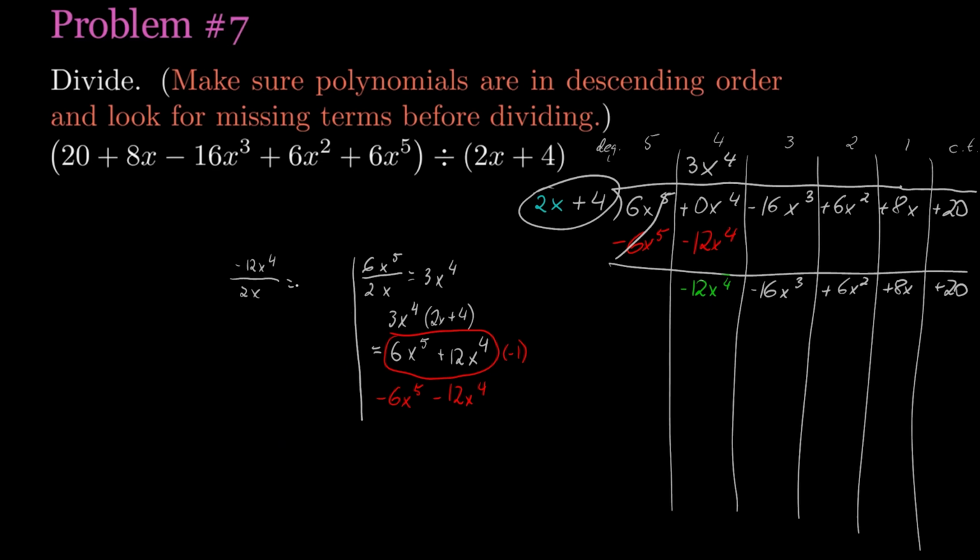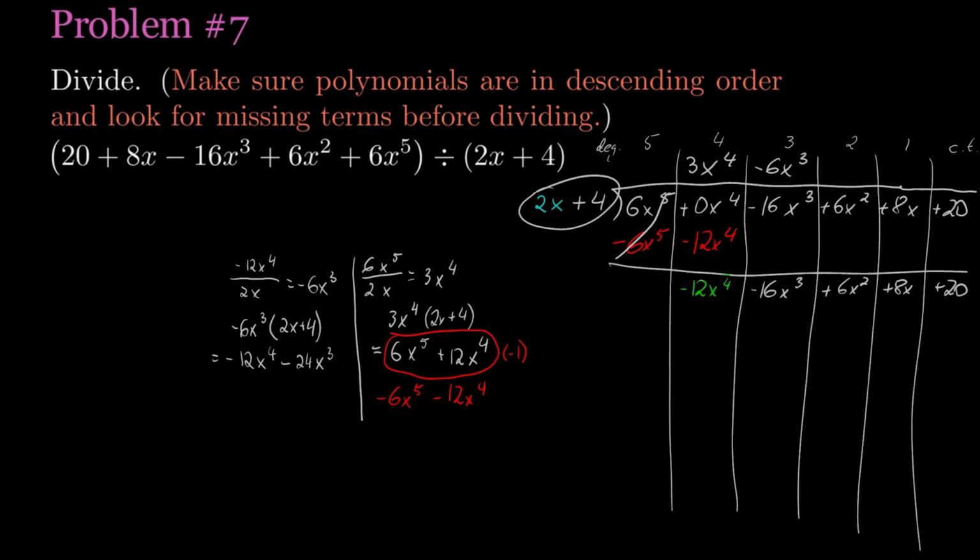We simplify it to get negative 6x to the third, which is obviously of degree 3, and that's where we put it in the quotient, and multiply that newly obtained term of the quotient by the whole divisor 2x plus 4 by distribution to get minus 12x to the fourth and minus 24x cubed.